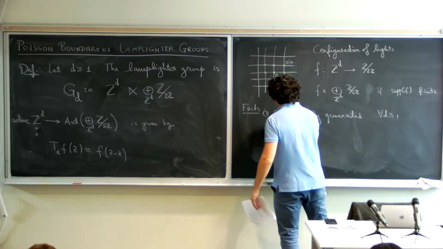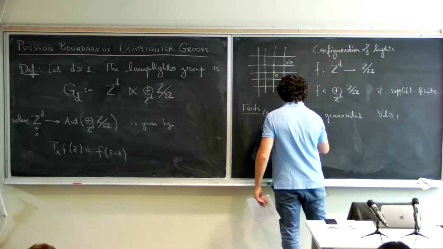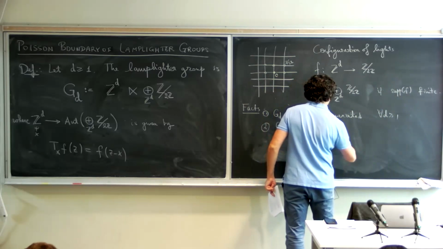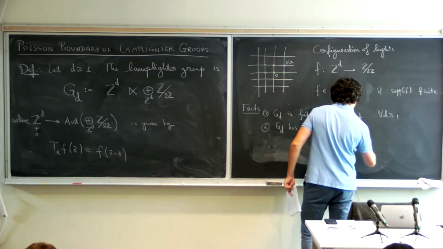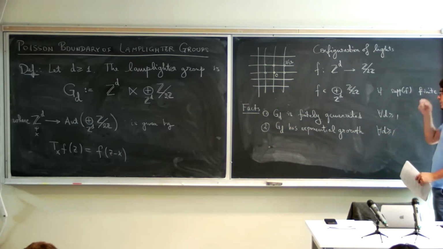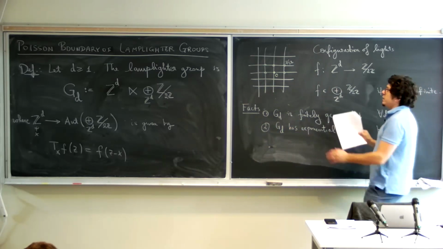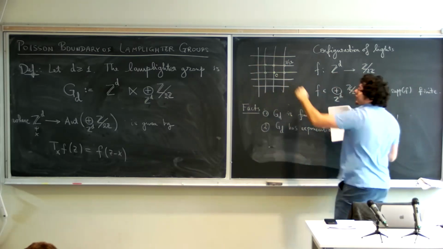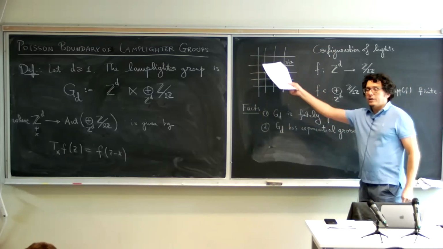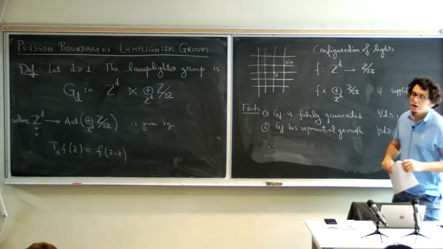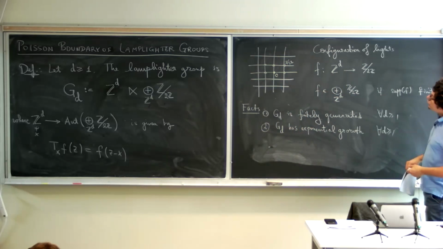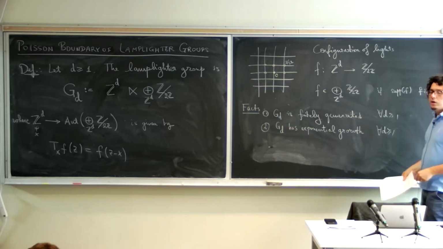And so the other one is that GD has exponential growth, again for any D. And what is the intuition here? Well, the intuition is that if you fix a ball in this lattice of radius r, the space of all possible configurations that you can have supported on that ball is exponential in r, like 2 to the cardinality of the ball.